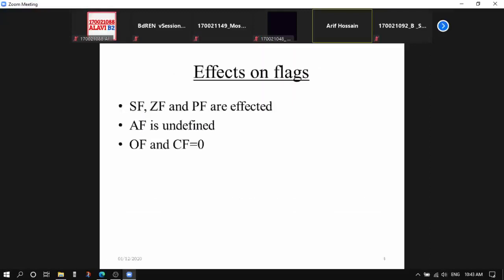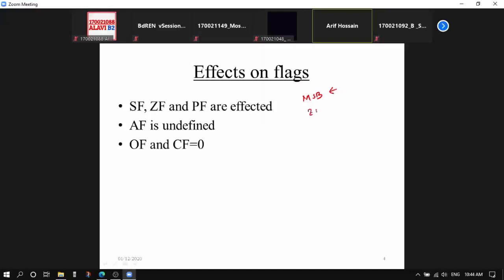Moving forward, these are the effects on flags: your sign flag, zero flag, and parity flag will be affected. This is quite understandable. Your sign flag, if you remember, depends on MSB. So sign flag will be affected because your MSB will be affected by your AND or XOR operation.